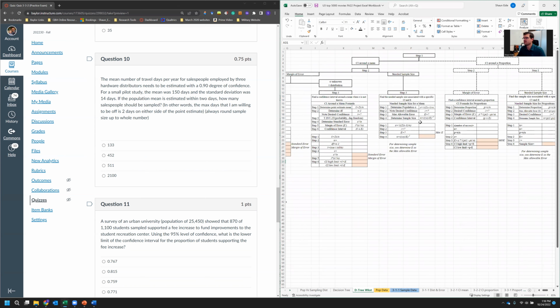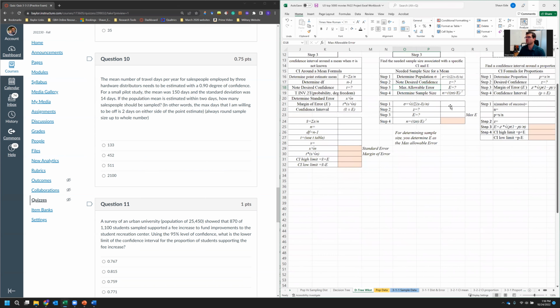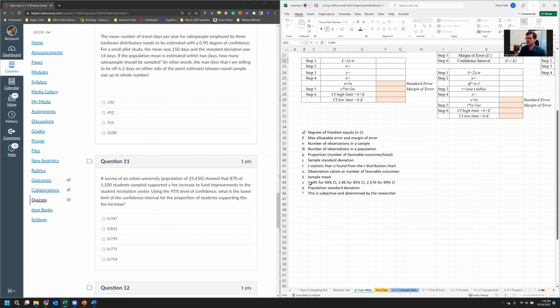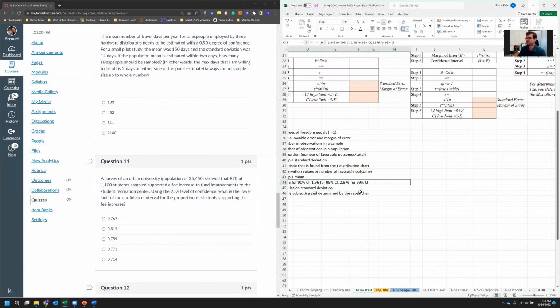So we're going to come right here, and we are going to use the standard deviation, 14 days. And then the z-score for 90%, it's going to be 1.645. And just in case you ever forget, it's going to be right down here, 1.645.